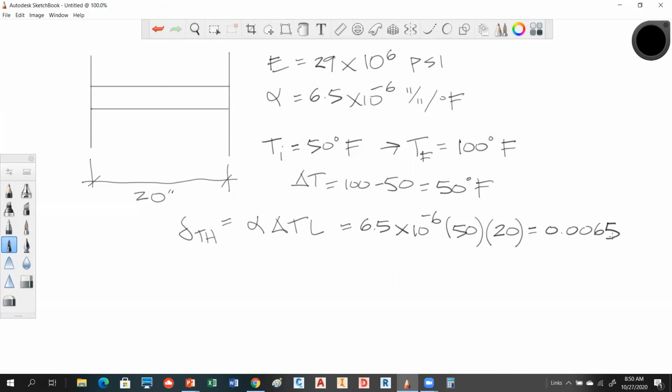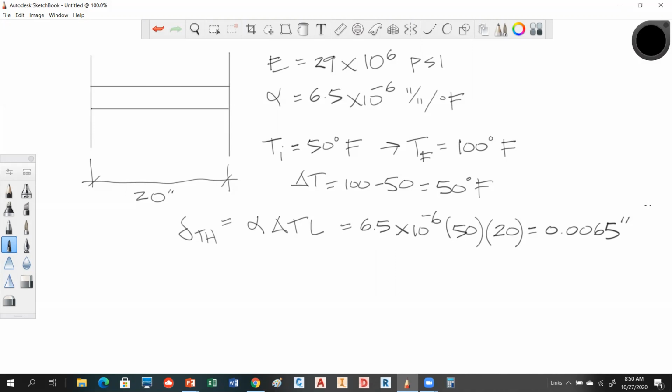What is its unit? Would that be inches? It would be inches, correct? Because the two things are canceling out here, the only thing that's left is inches, so this is inches. Okay, so good.